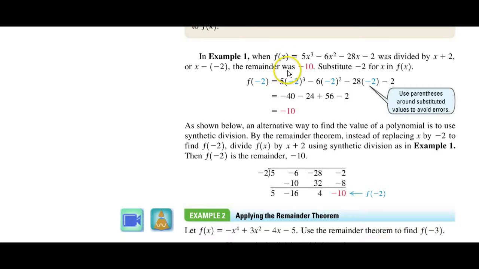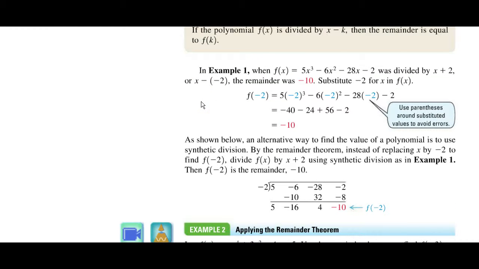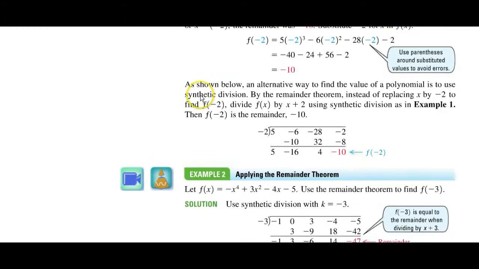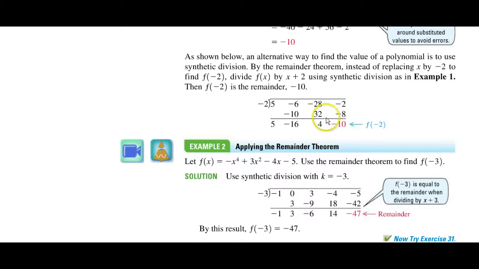And this shows that special use of the remainder theorem. And again, you're going to have to try this in your practice and your quizzes. And we saw once again when we did the synthetic division, our remainder was a negative 10.